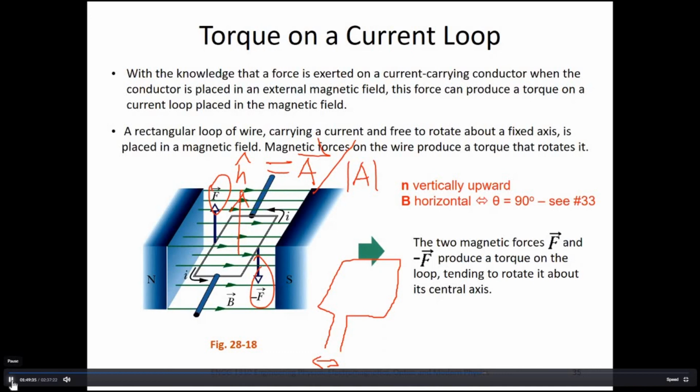With AC current output, you are generating a changing magnetic field, so that you can make the loop rotate along the magnetic field. That's why we can have the rotational motor. So let's do the derivation of how much torque we can generate here.